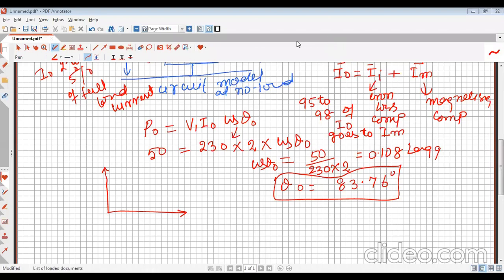So, at no load, if I look at this phasor diagram, we can see that this angle here is I naught, and this angle is around 83.76 degree, and this portion is our IM, and this portion is our II.